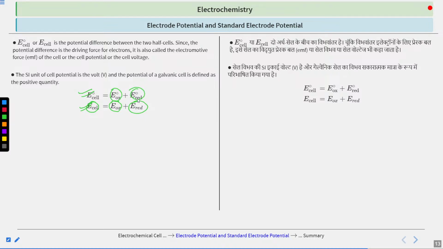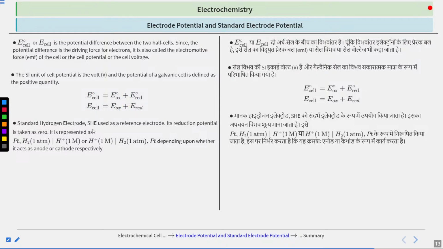In case you don't know the E naught reduction of the given species, but your E naught oxidation is given, you can just take the negative sign and use the given formula. So this formula is applicable everywhere. But you should know the oxidation potential of the species getting oxidized and the reduction potential of the species getting reduced.